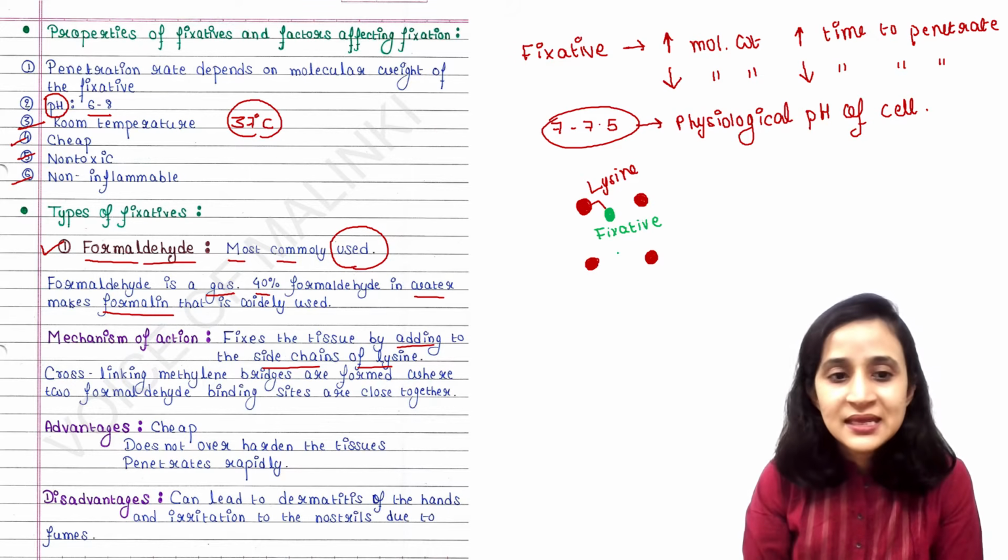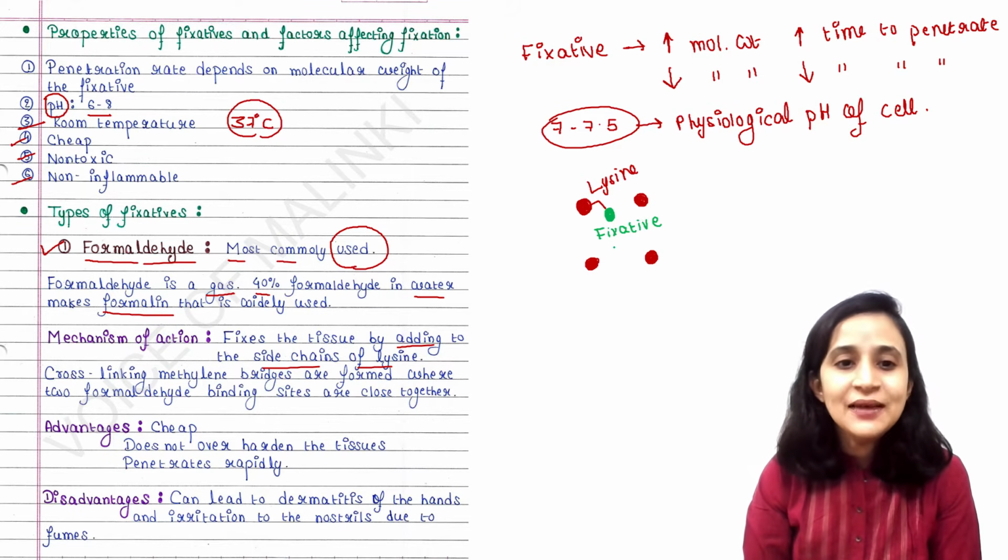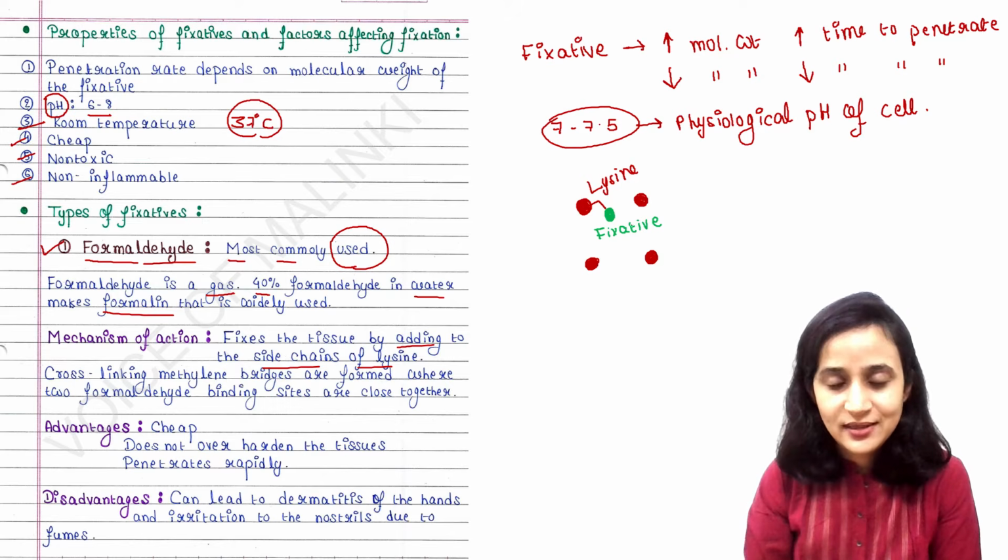Now, cross-linking methylene bridges are formed where two formaldehyde binding sites are close together.